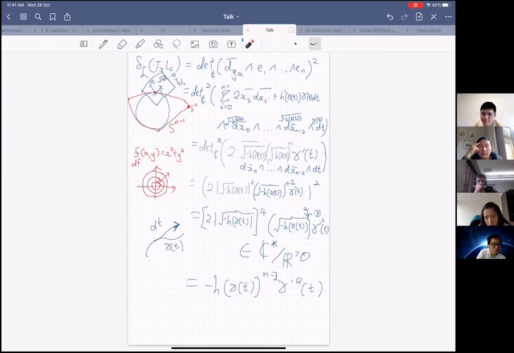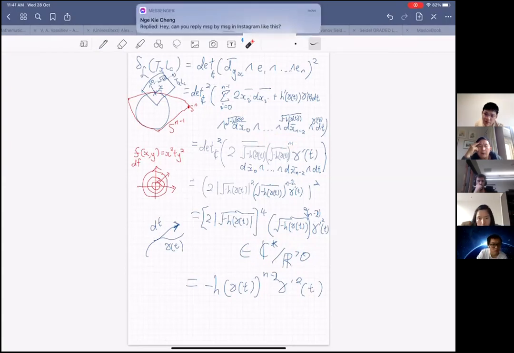So what happened to this 2 times the power 4? Oh, because this element lies in C star cross R greater than 0, so you take out that, which is the reals.